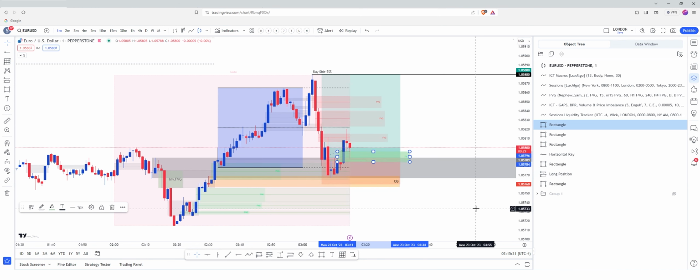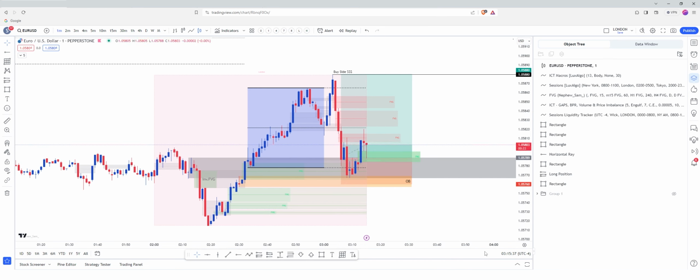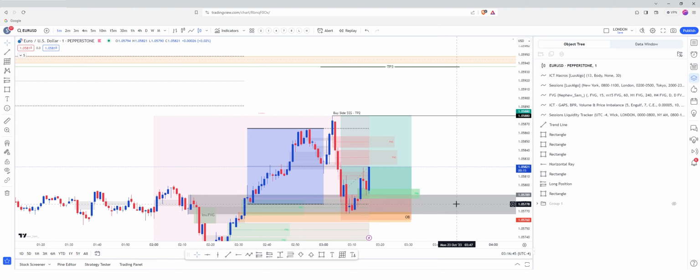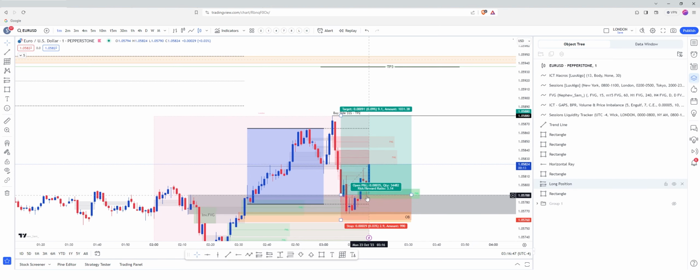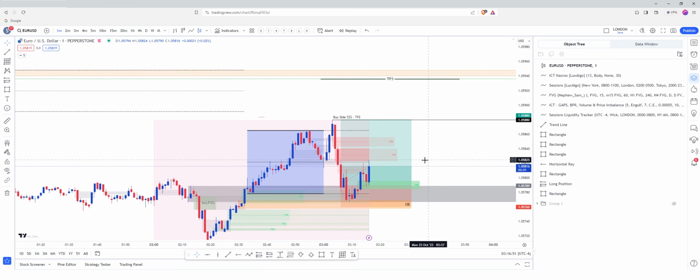Take these. That's good. So we've got 15-minute volume coming in. That fair value gap's respected itself. Hopefully we're going to fill in these inefficiencies now. Take TP2, TP3.